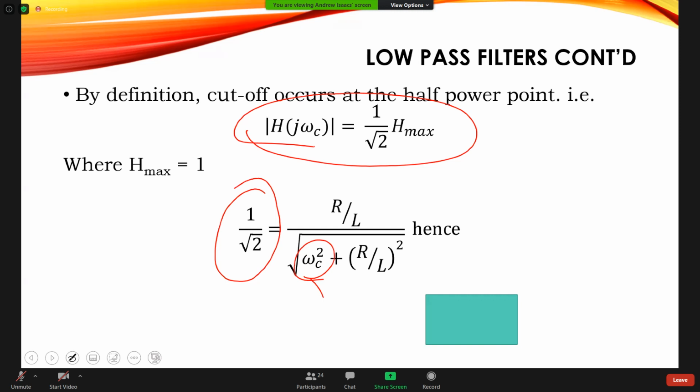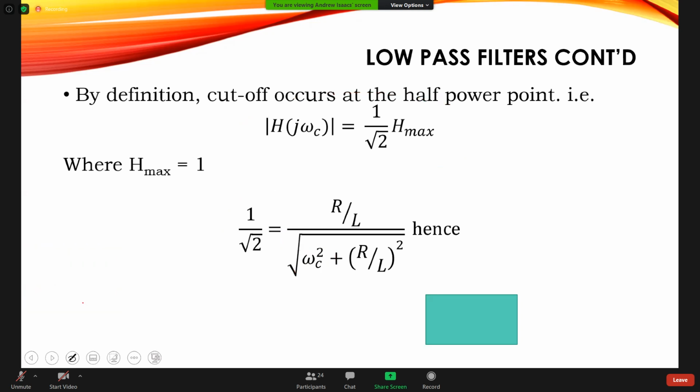So if we simplify this, our objective, students, at this point is to find omega c. At what point does cutoff occur? If we square both sides, then of course I'll get a half, I'll have this squared, and the square root sign will disappear.